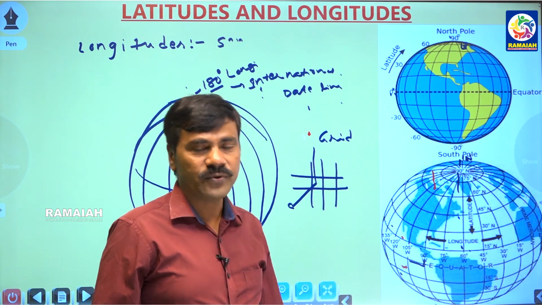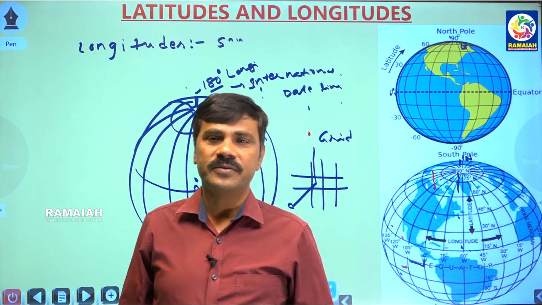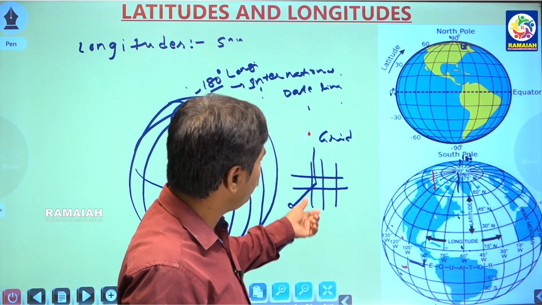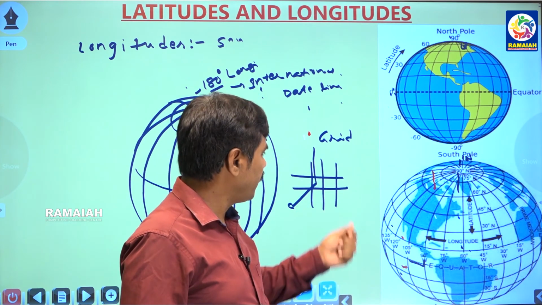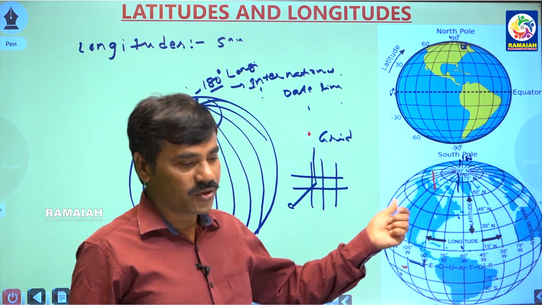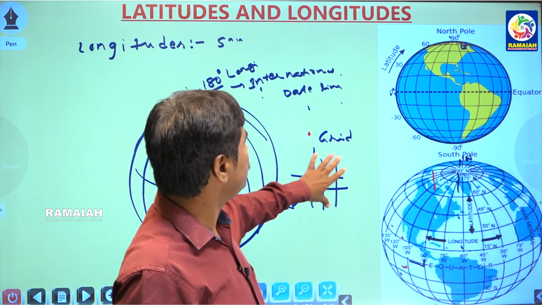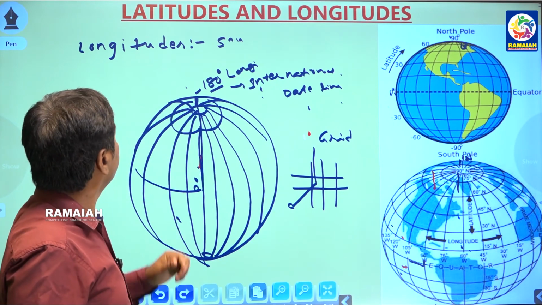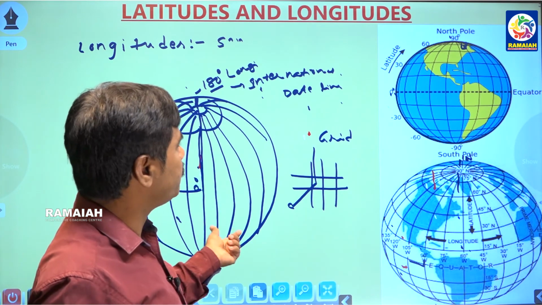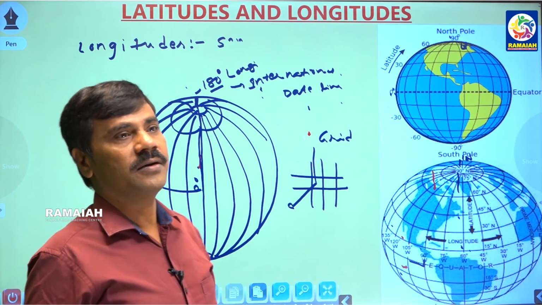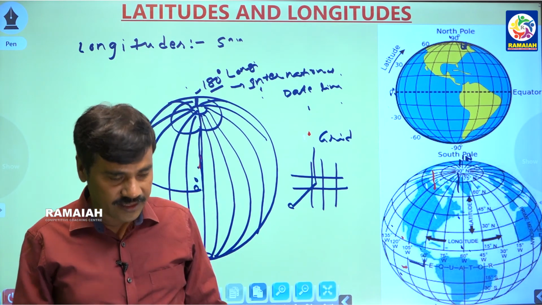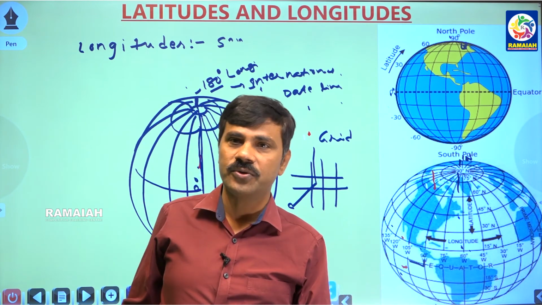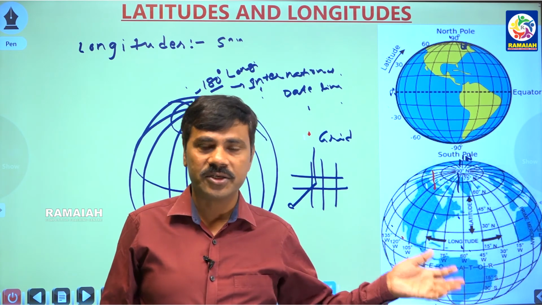If you want to find out about that place, it is very helpful for us. To find out the importance of a place, latitudes and longitudes are very important. These are some of the main concepts. In TET and DSC and Gurukula teacher exams, this latitudes and longitudes topic appears.